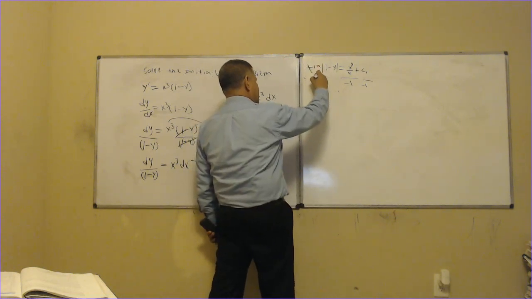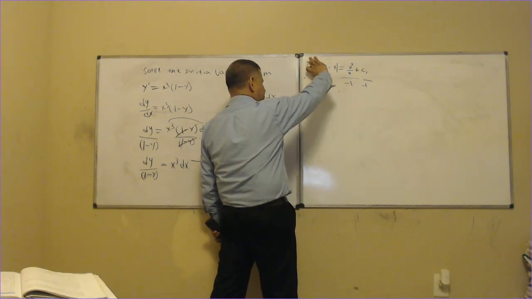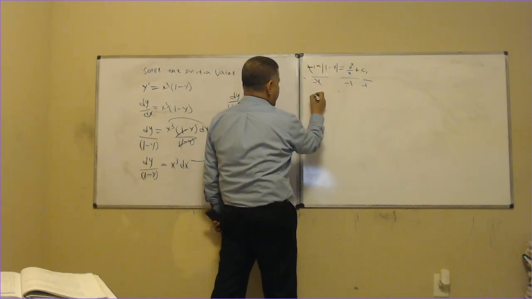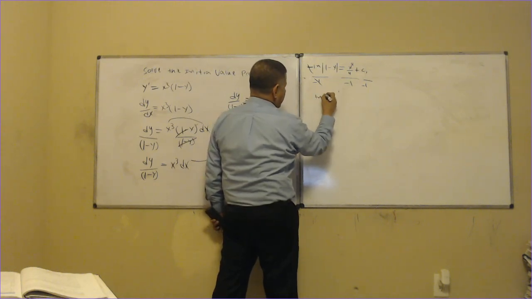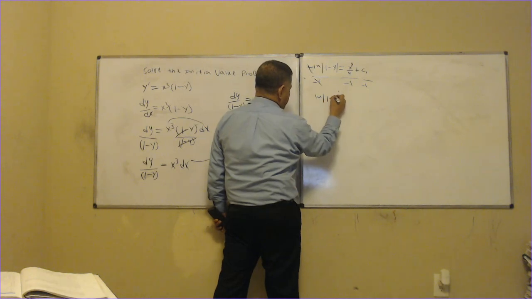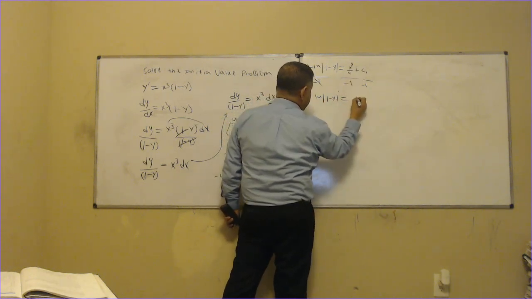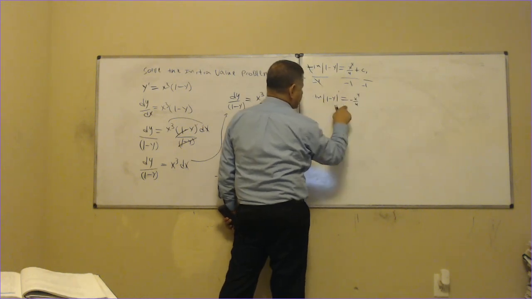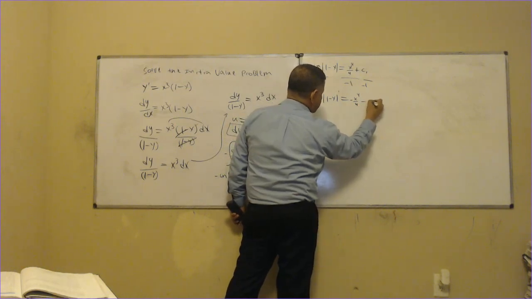Then the negative sign of y is by itself, and I got ln of the absolute value of 1 minus y is equal to x to the fourth over 4. Of course, it's negative now because it's divided by a negative, and a negative c.